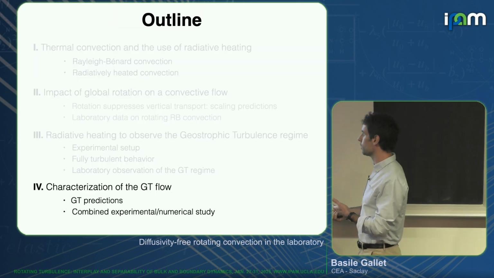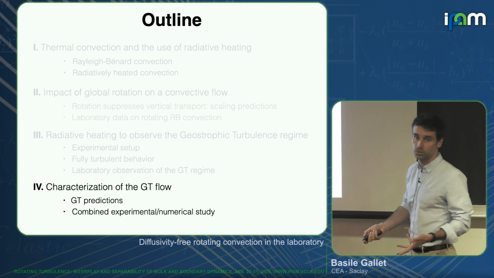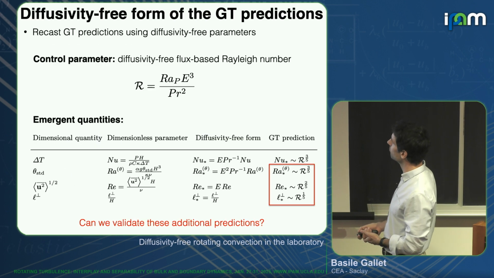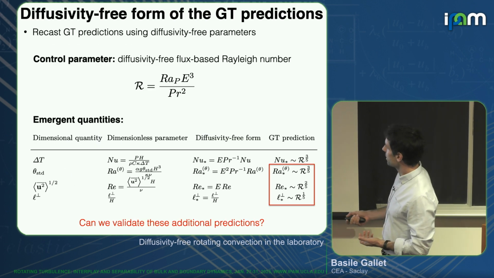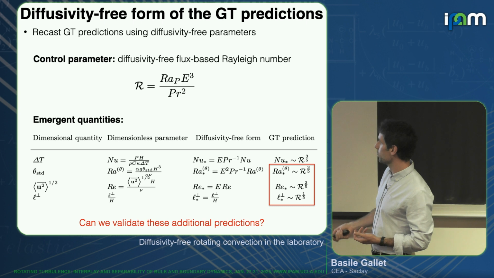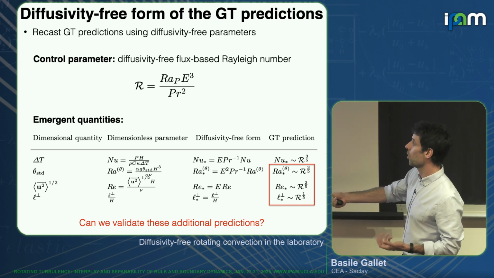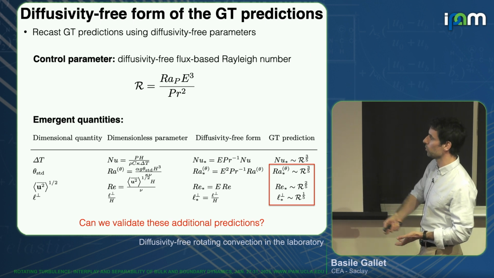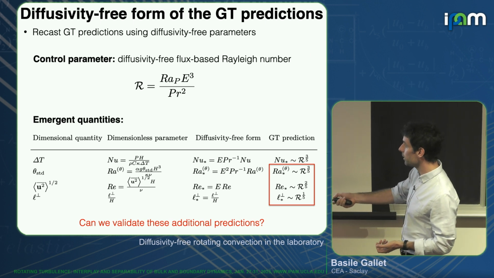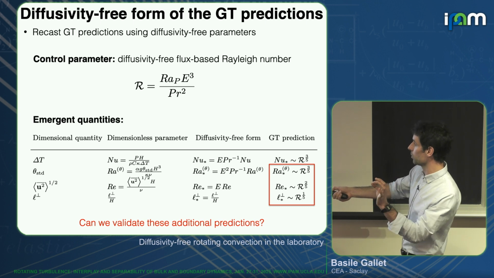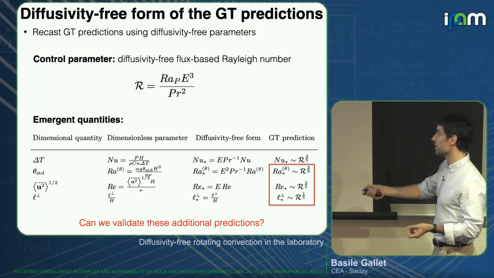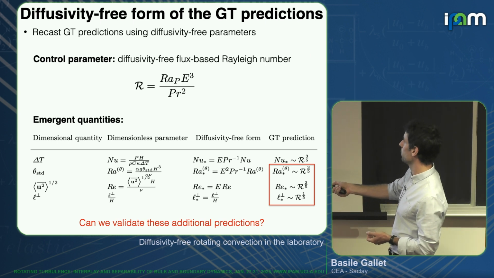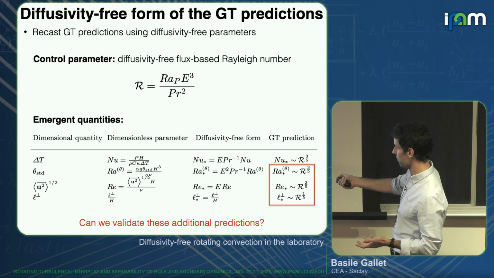So now let's try to characterize this regime further to see if it's indeed the geostrophic turbulence regime. Like I said, there are other predictions. If you're interested in the temperature fluctuations, which in the geostrophic turbulence regime scale in a different fashion than the overall temperature drop, you can build a diffusivity-free Rayleigh number based on the root mean square local temperature fluctuations, and this will go like R to the 3/5.